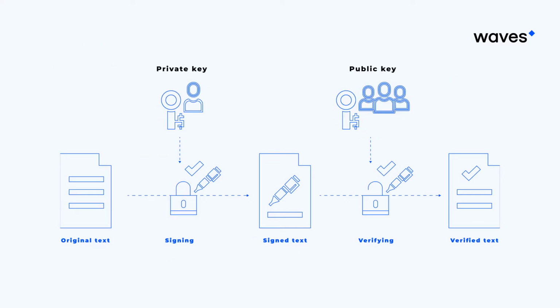Imagine that Bob creates two keys, a private and a public key. These keys are connected by a mathematical formula in a way that for each public key, there is only one private key and vice versa. When Bob creates a message or transaction, he signs it using his private key.